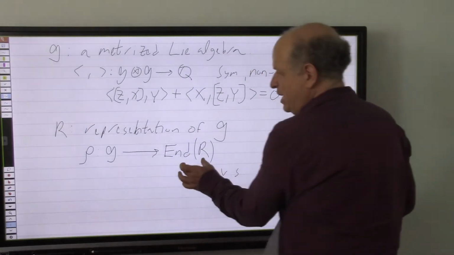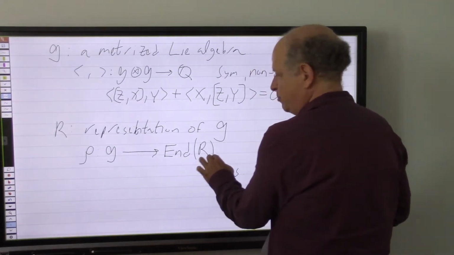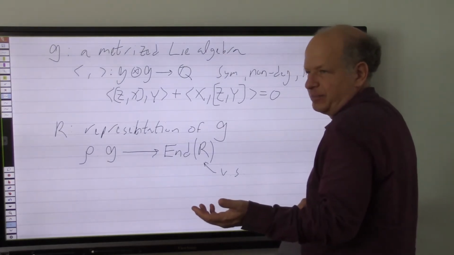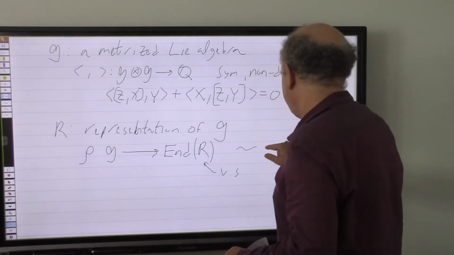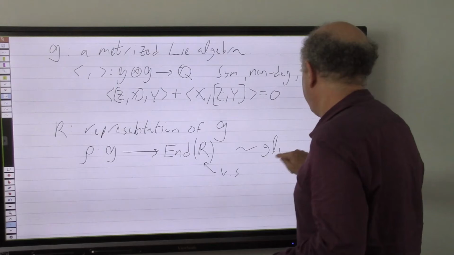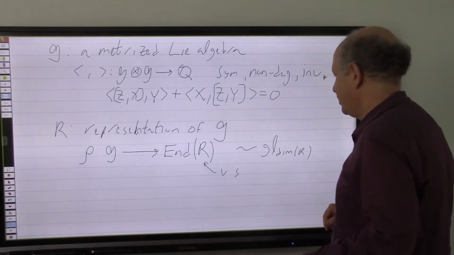But what it really means is, the endomorphisms of a vector space are just a copy of GLN. Okay, so they're just matrices. So this is really GLN for some n. In fact, the n is the dimension of the representation.